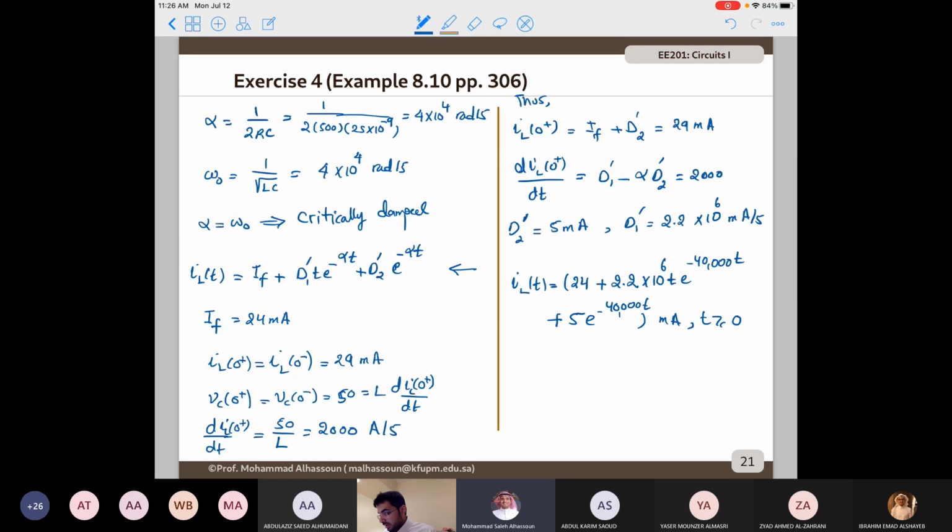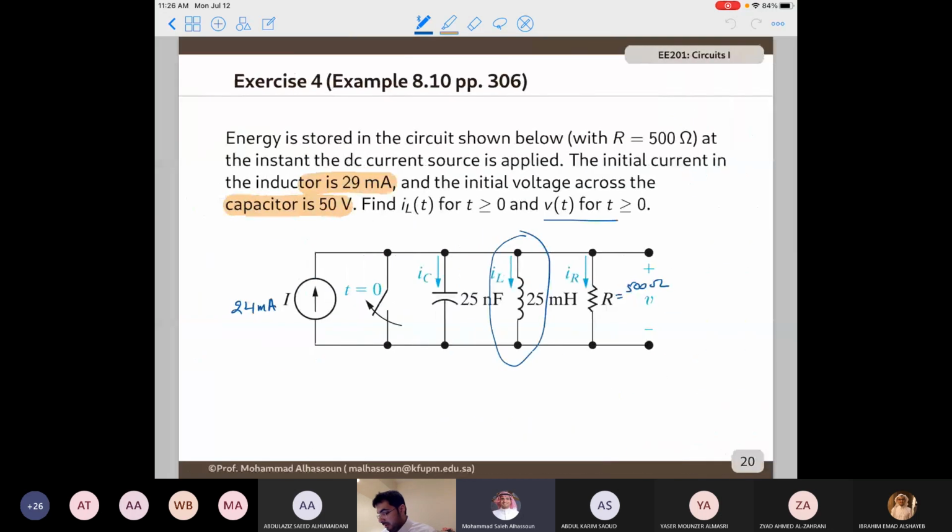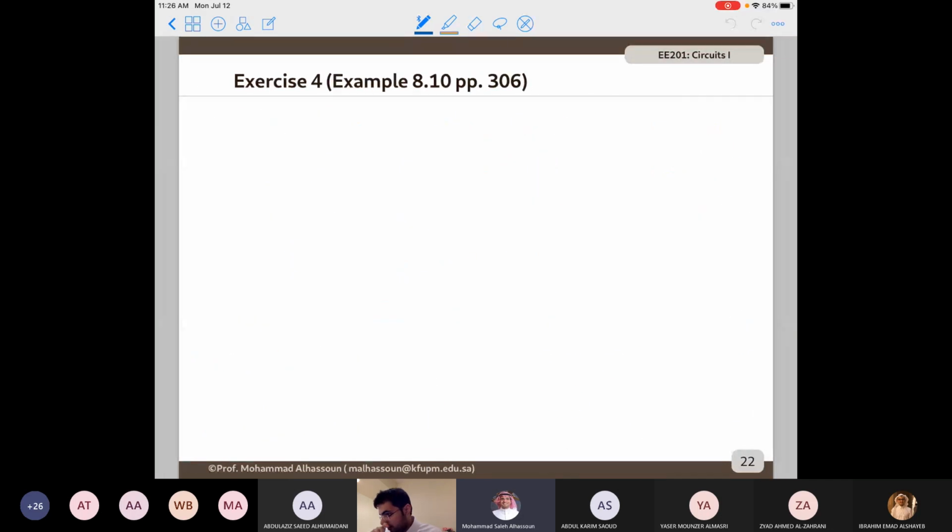The second thing that we are asked to find is the voltage. This is the voltage across the inductor, which is related to the current using the following relation.